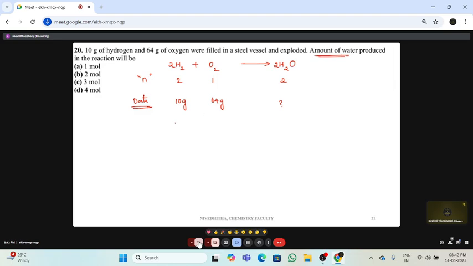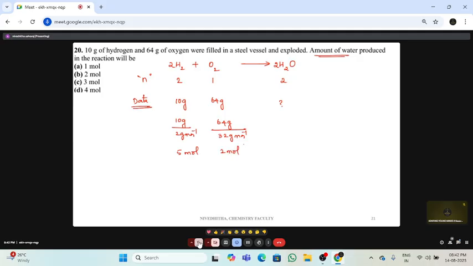To do that, it is 10 gram divided by 2 gram per mole, which is 5 mole. And how about oxygen? 64 gram divided by 32 gram per mole of oxygen, right? So what is the number of moles of oxygen then? 64 divided by 32 is 2 mole, right?